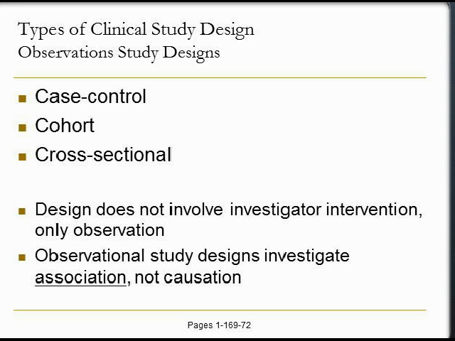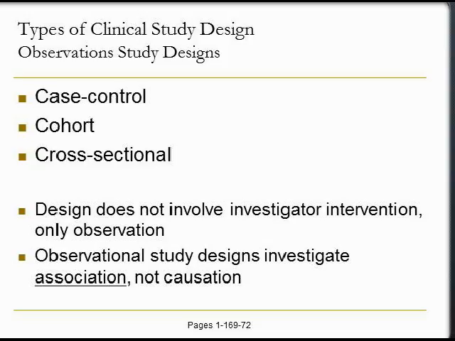Let's go through the observational study designs now, first starting with case control studies, cohort studies, and cross-sectional studies. I think the point to highlight the most in this particular situation is that the designs of these studies do not involve an investigator intervention, only an observation.